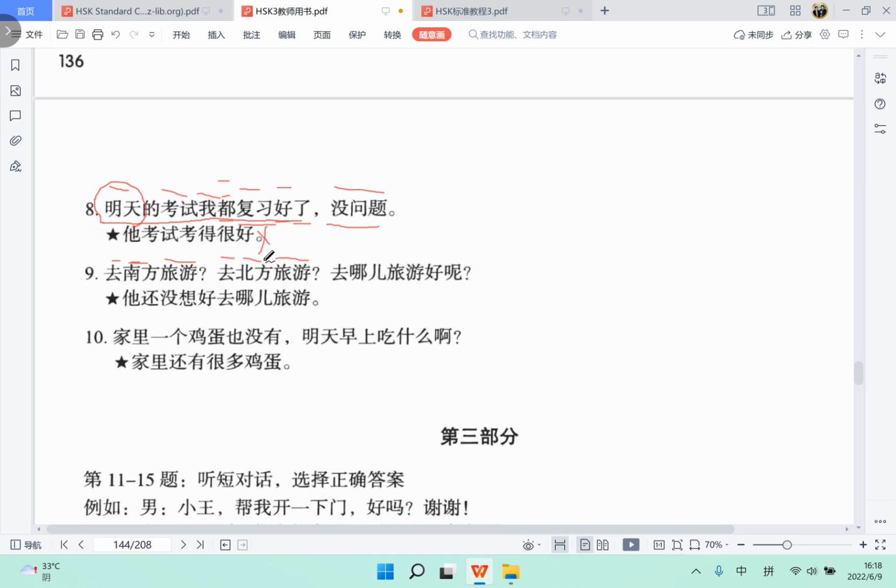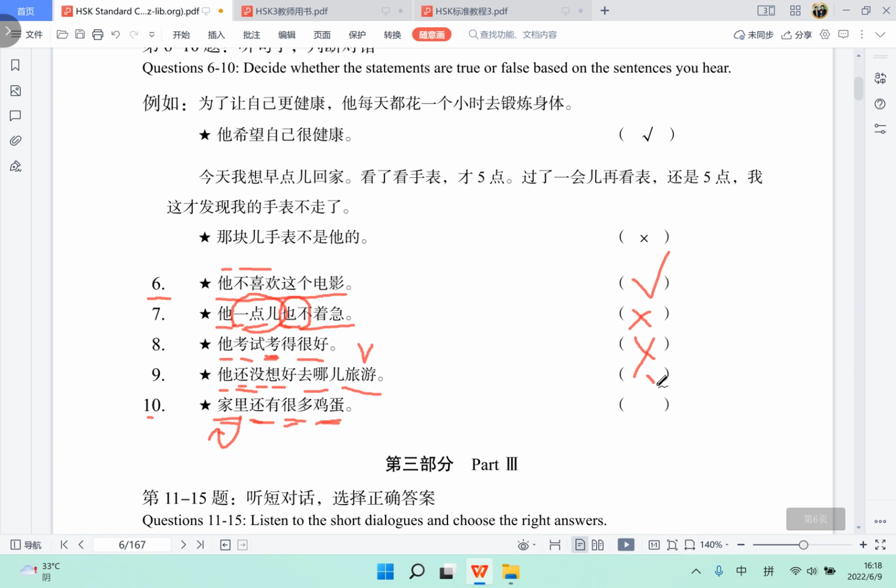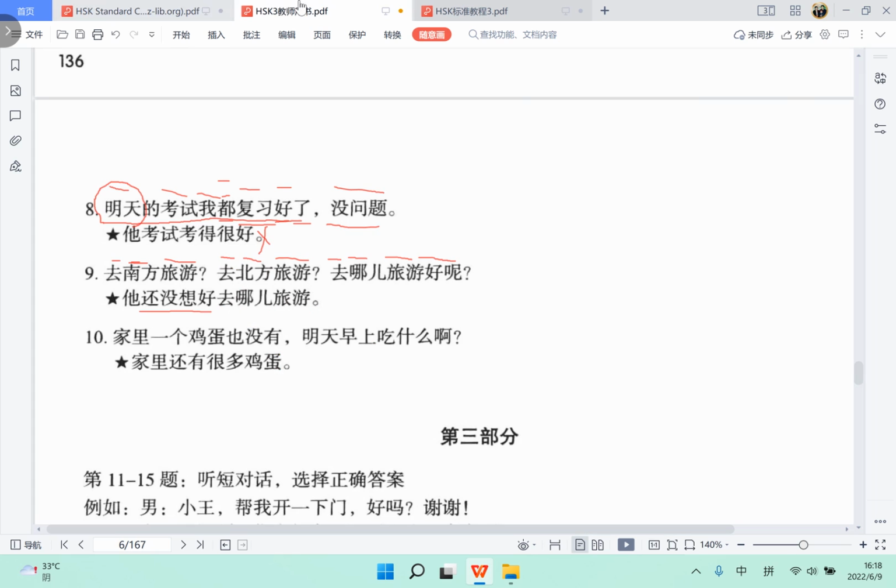And number 9, 去南方旅游，去北方旅游: go to travel in southern China or in northern China. 去哪儿旅游好呢? Where is better to travel? So 他还没想好, he still hasn't decided. This one is correct, 第9个是对的. And 第10个，家里一个鸡蛋也没有. 一什么什么也没, completely negation.